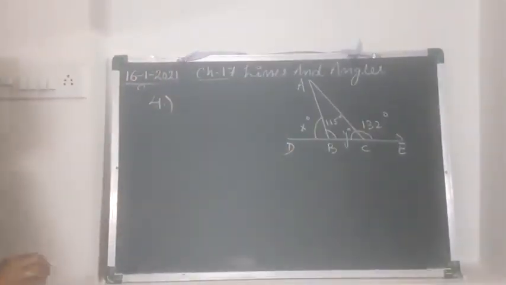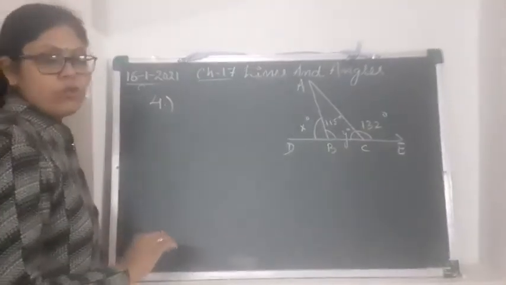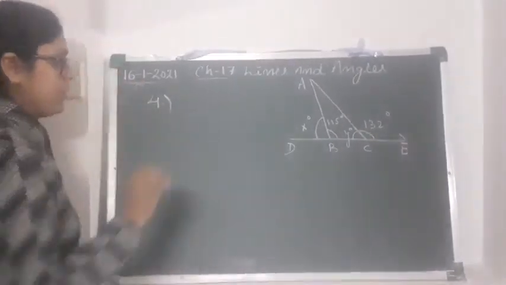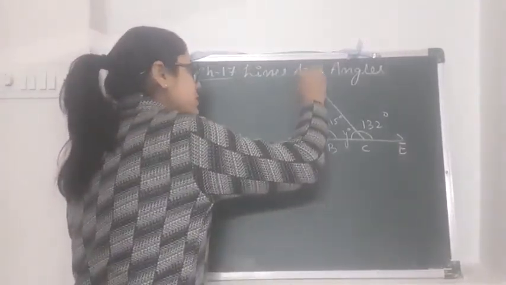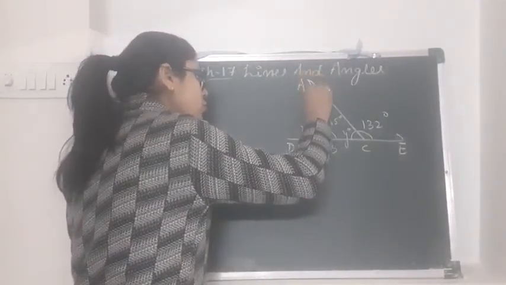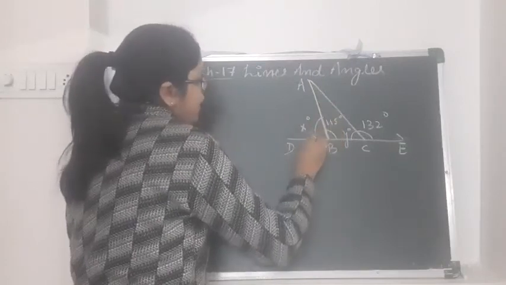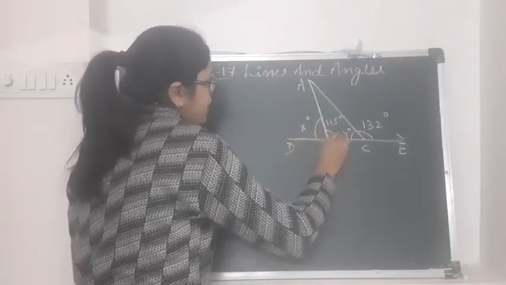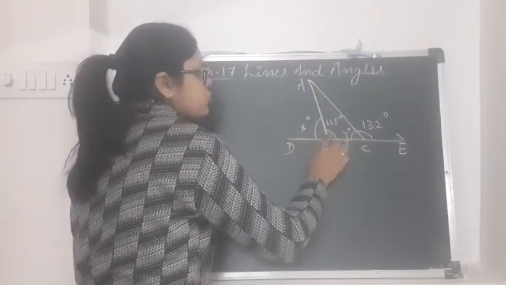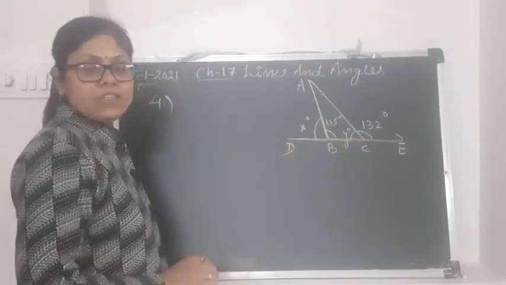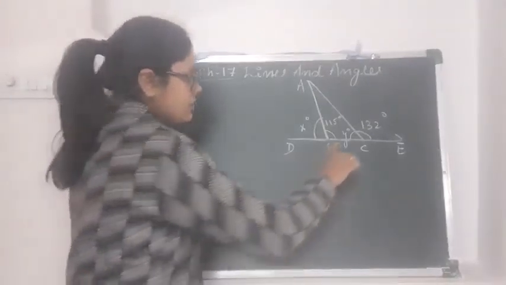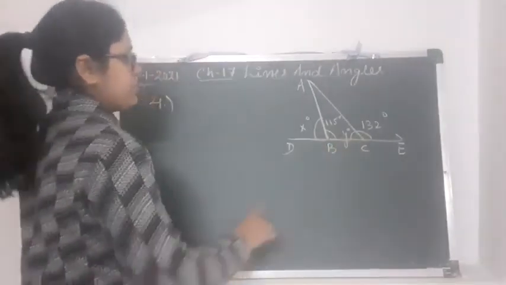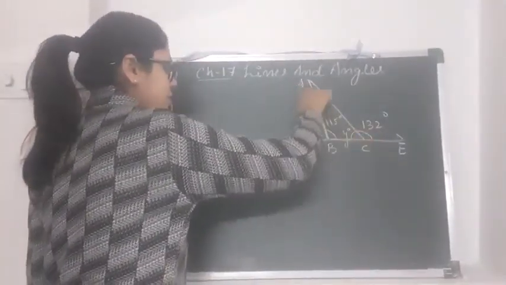So in this fourth question, you have to find the value of x and y. Please concentrate here. What is given here? See, there is one common arm here and these one line and one line. These two angles are adjacent angles, isn't it? They are adjacent angles and this both are adjacent angles and one triangle is forming here, isn't it?